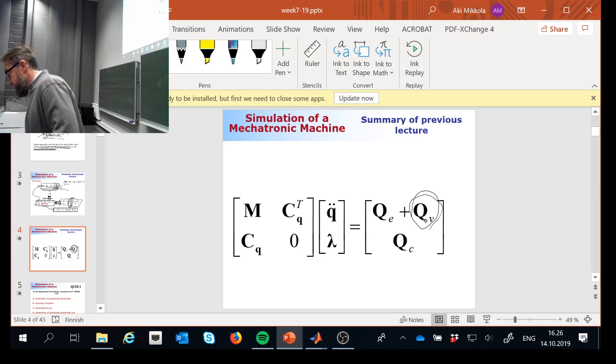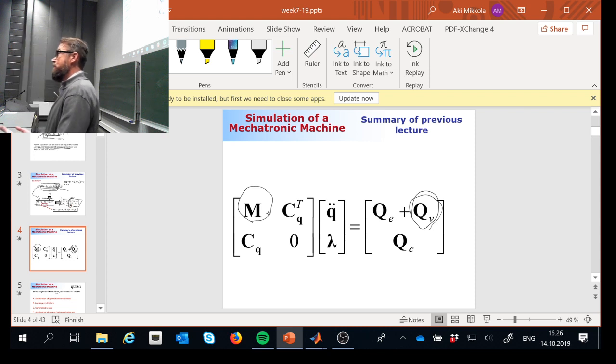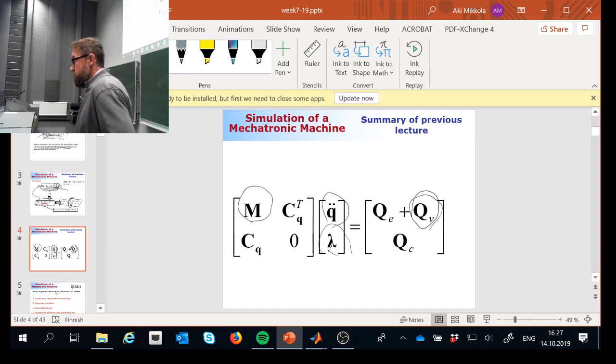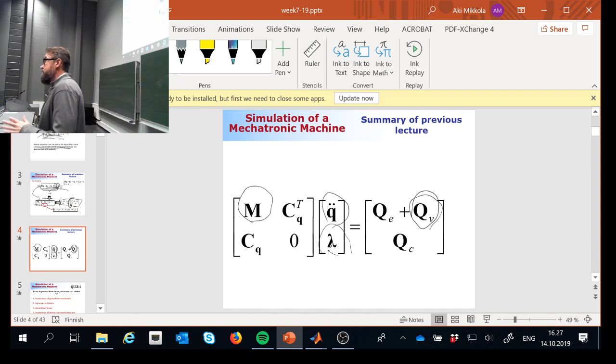Another example could be: what is this? The mass matrix. For one body in the planar case, the mass matrix is a 3 by 3 matrix, and its components are associated with the 3 generalized coordinates, and so on. Then this is the acceleration of the generalized coordinates, this is the Lagrange multipliers, and so on. That is the level of knowledge I expect you to have when you get into your midterm exam.